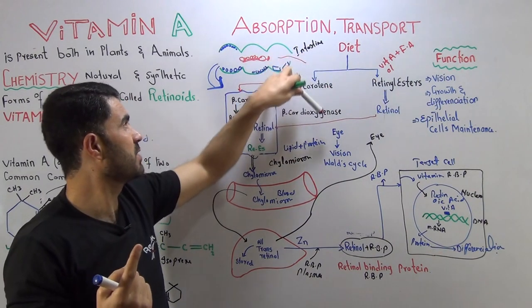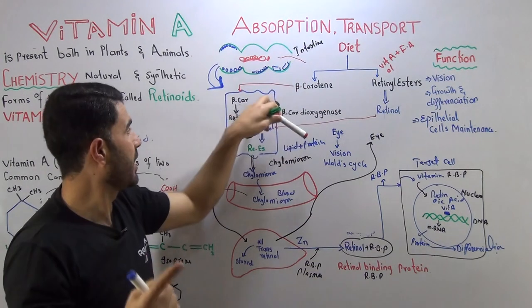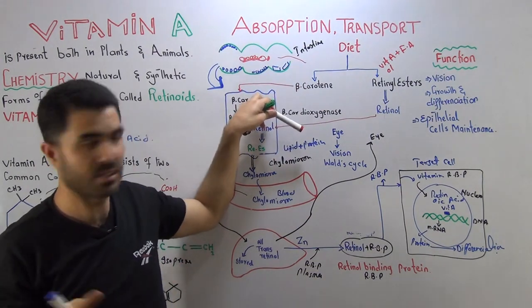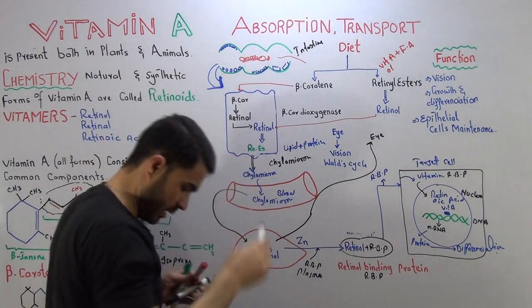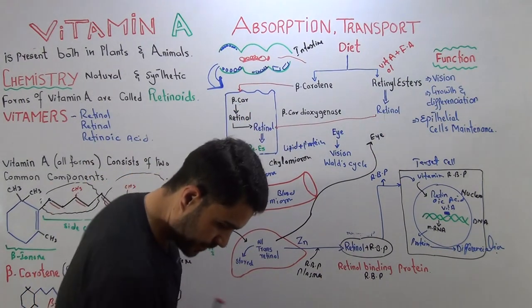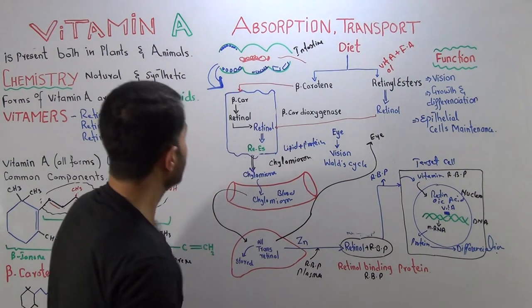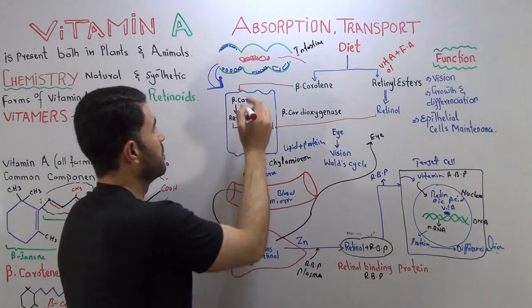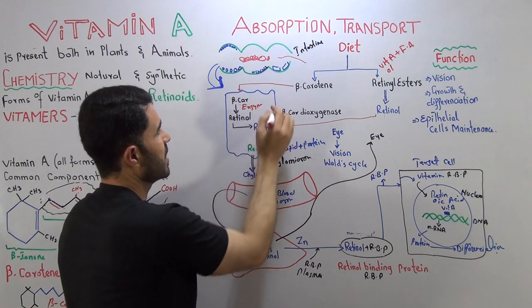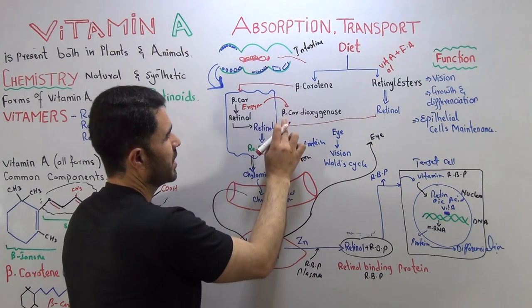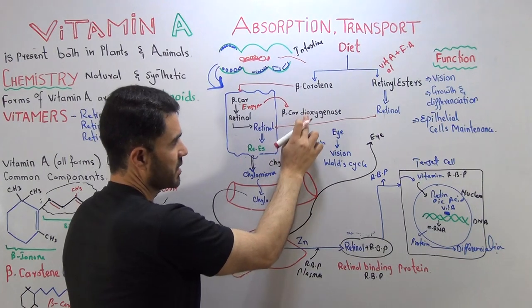From the lumen of the intestine, it will absorb into the cell. So beta carotene is here. Beta carotene will be converted into retinal by the help of an enzyme, and this enzyme is called beta carotene dioxygenase.